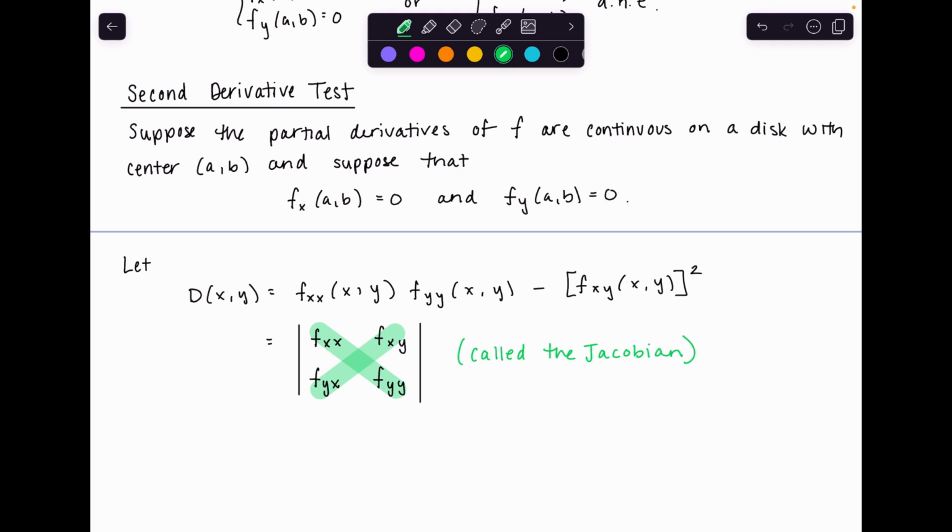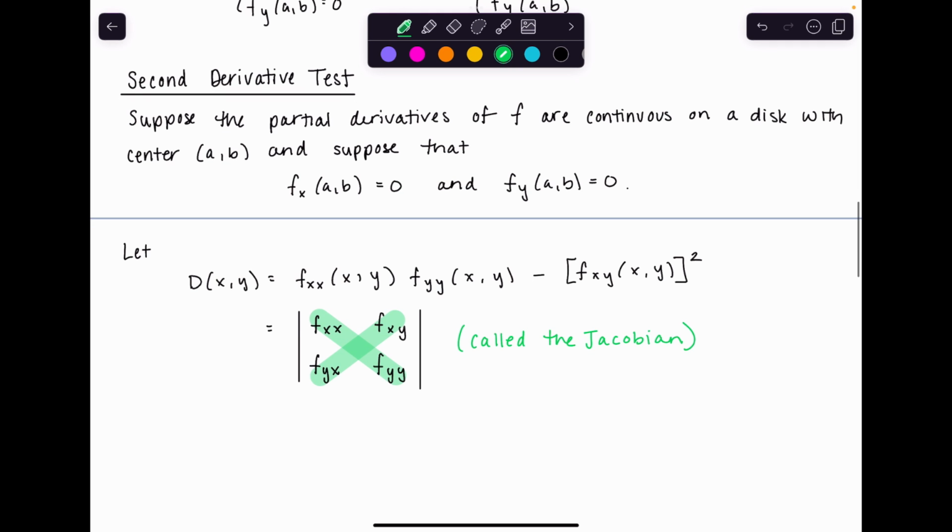Okay. So what we're going to do is evaluate this function at our critical number. All of these partials are going to be evaluated at the point (a, b). And then depending on the value of D, it's going to tell us what kind of local extrema we have.